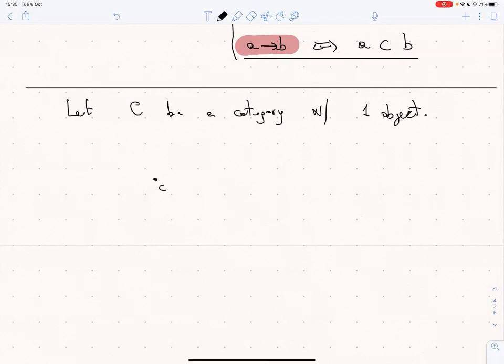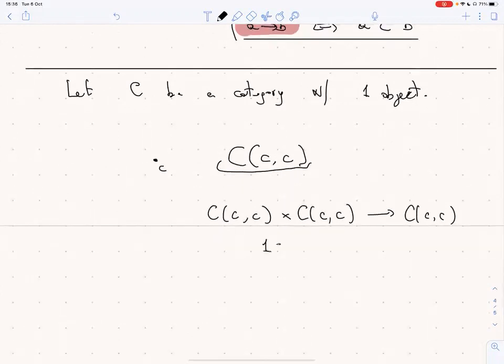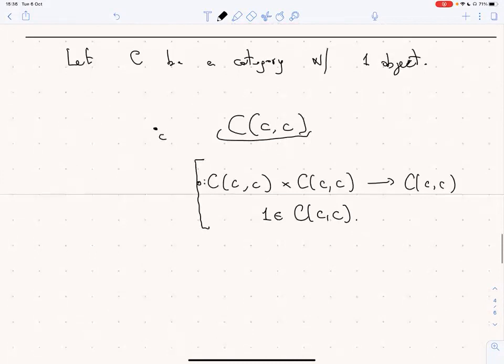This is the only object in our category, and then by definition, we have C(c,c). Let's try to understand this. Of course, we have a notion of composition, and then we have an identity. But we know this mathematical structure. What is it? This one is a monoid.